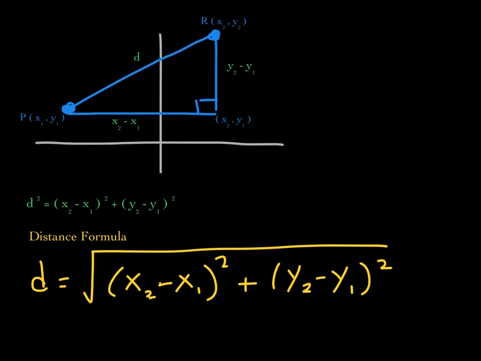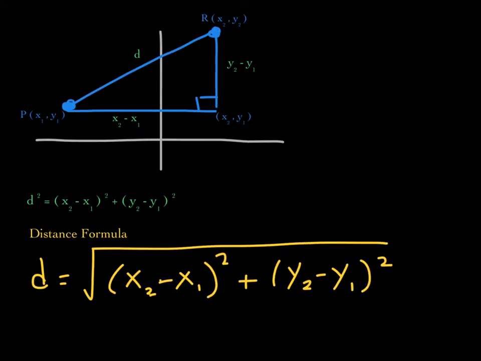Now this is very important: the distance between any 2 points in the plane can be found using the distance formula. Again, the distance formula says that the distance d is equal to the square root of the sum of the square of the difference of the x coordinates and the square of the difference of the y coordinates.